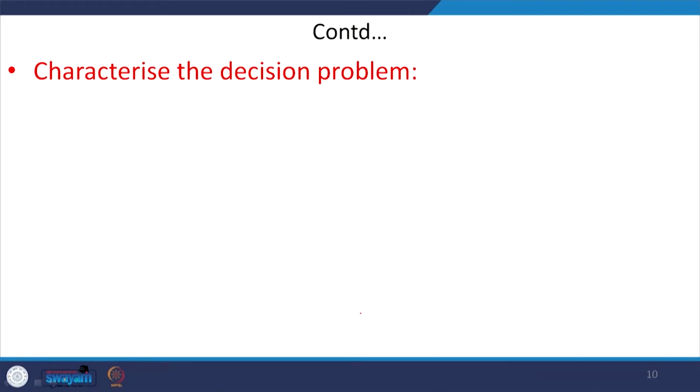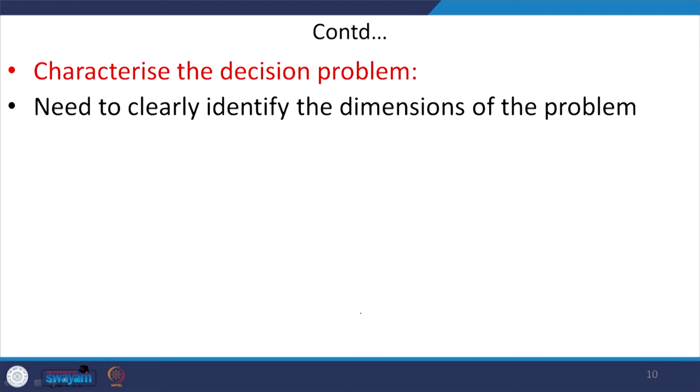So, let us discuss these steps one by one. The first step that must be followed in the choice experiment is characterizing the decision problem. How to characterize the problem that we are talking about, or the policy that is being discussed. There we need to identify clearly the dimensions of the problem.